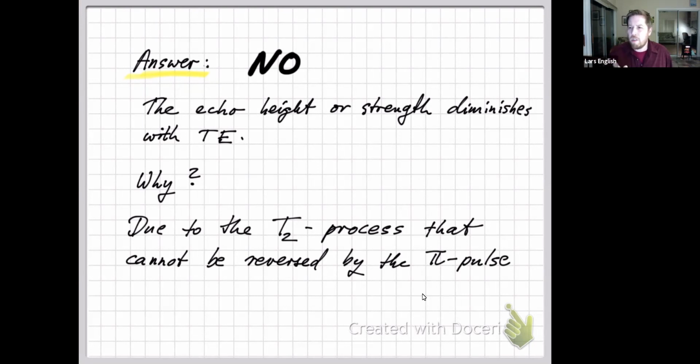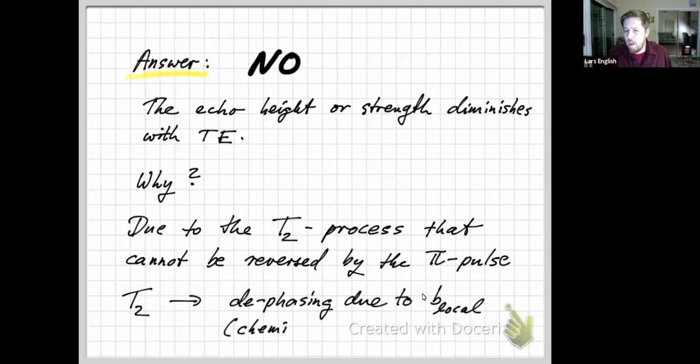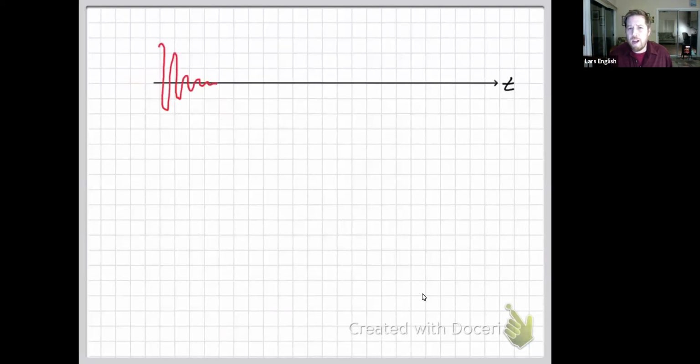You can reverse the magnet inhomogeneity, but you cannot reverse the T2 process. And so that will stay with us, right? So T2 dephasing due to the local chemical shift is quantum mechanical in nature, and we will not be able to reverse that. And so here's my initial FID, here's the echo.